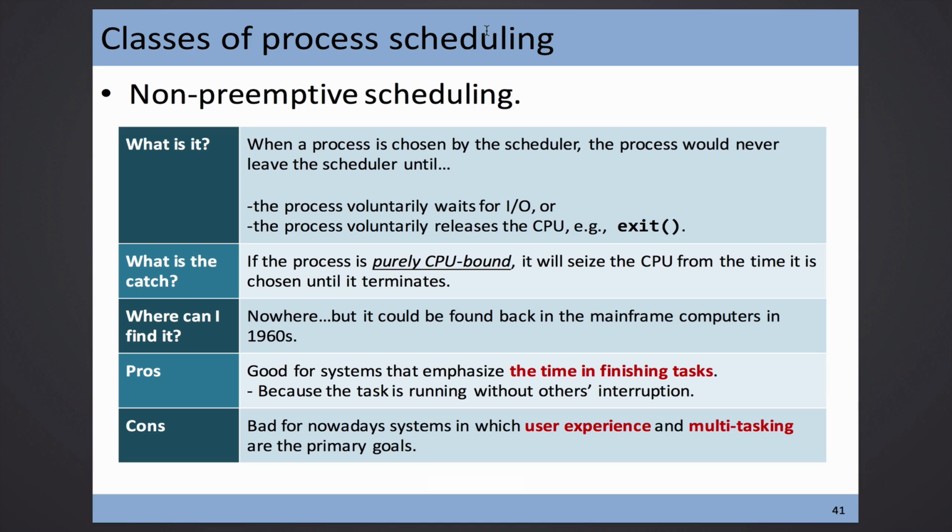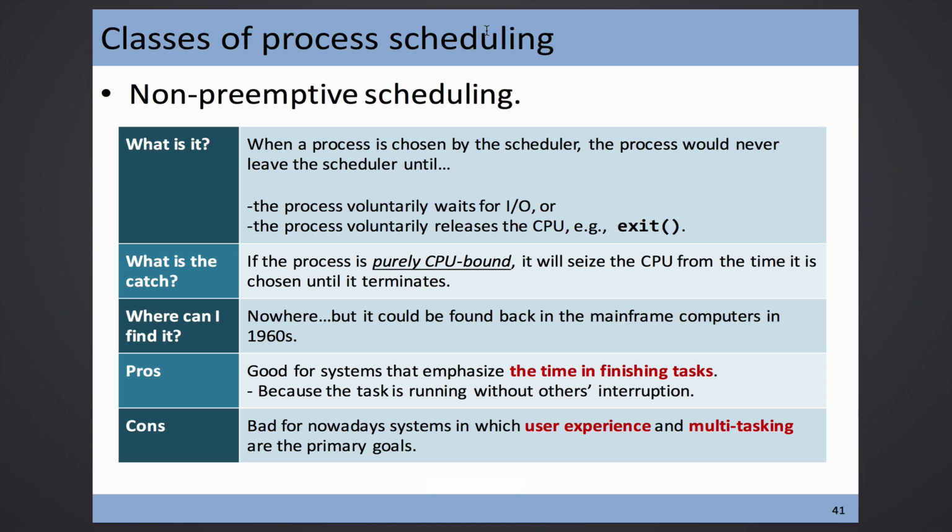So what is the meaning of non-preemptive? In the previous example that I talked about, you create a new process, and that process creation just enqueues it to the process queue, not invoking any scheduler. We call it non-preemptive. You won't preempt, you won't interrupt or stop the original running process.